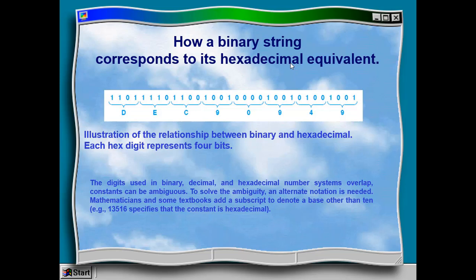In an ideal situation, to solve the ambiguity, an alternative notation is needed. So a computer tends to have the hexadecimal constant begin with the prefix 0x and the binary 0b.